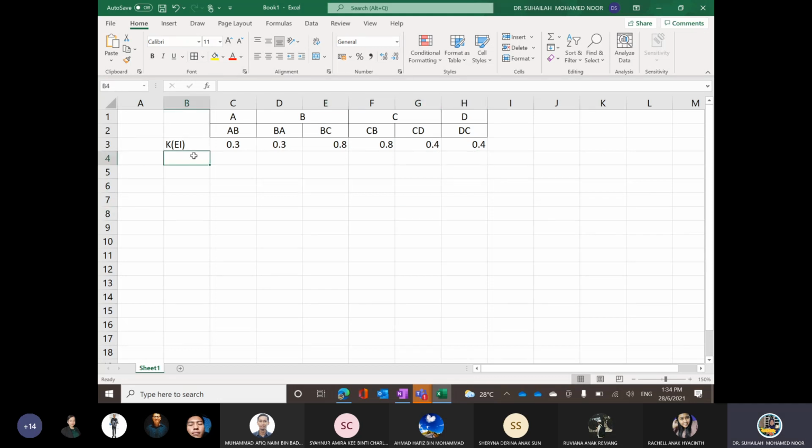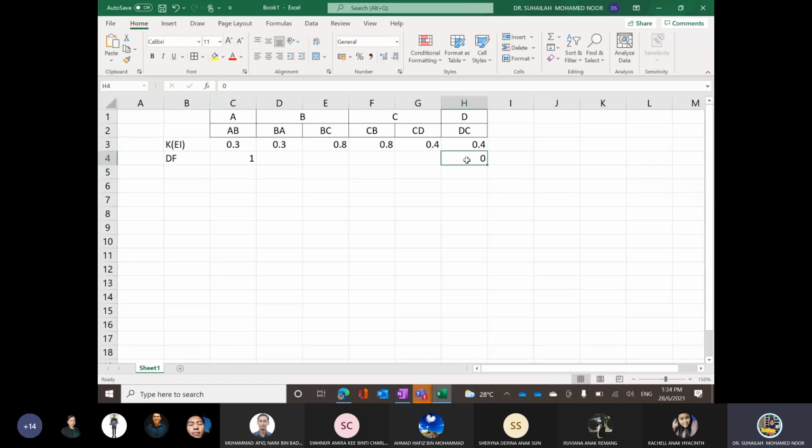Now we will calculate distribution factor. Distribution factor for roller end is equivalent to 1 because roller end is the end of the structure, and distribution factor for fixed end is 0 because the K value is divided by infinity.